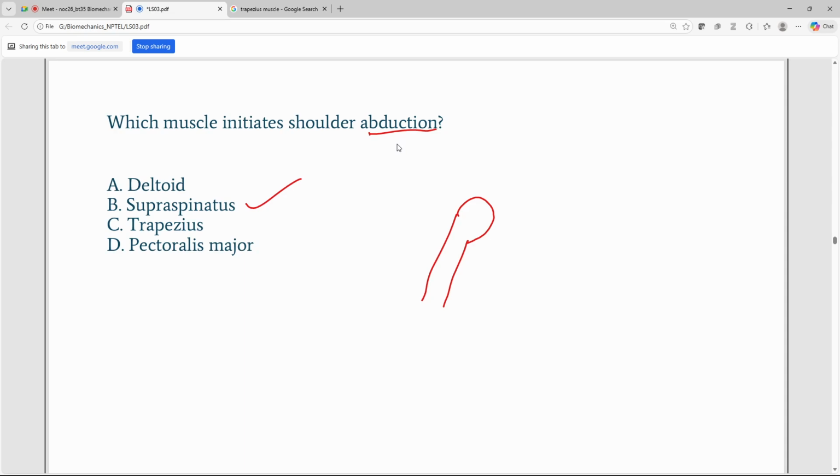So moving anything away from the medial line of the body is abduction. Suppose this is the body trunk, then motion in this direction is abduction.